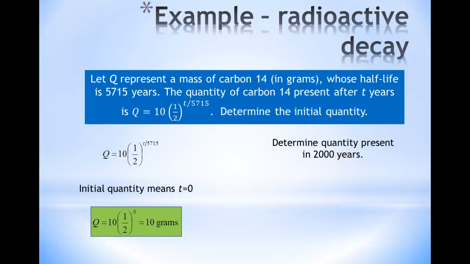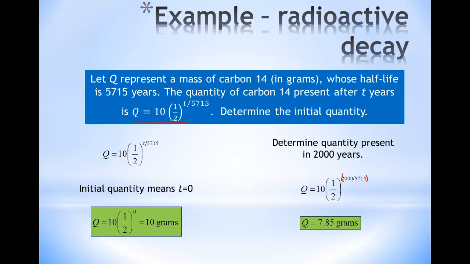Again, so if I start with 10 grams, I plug in T is now equal to 2,000 into my equation, which tells me how much carbon-14 I'm going to have, and that's simply plugging it into the calculator. Make sure you guys know how to do this. When you do plug this into the calculator, make sure you put this term in parentheses. All right, so make sure you guys can stop and get that value.